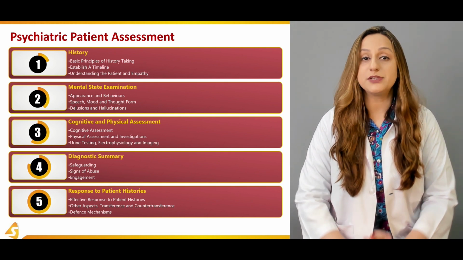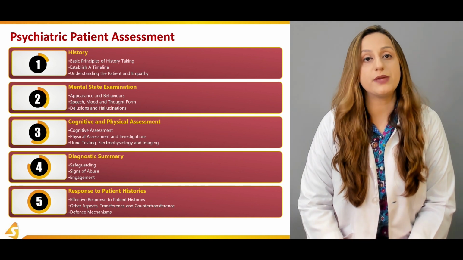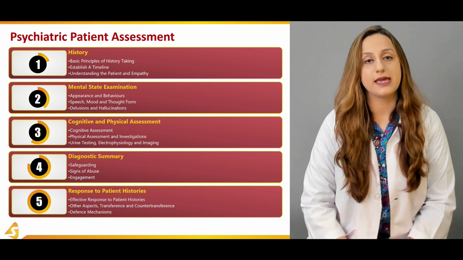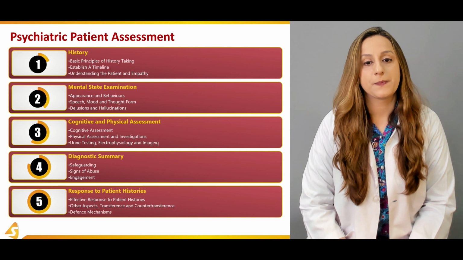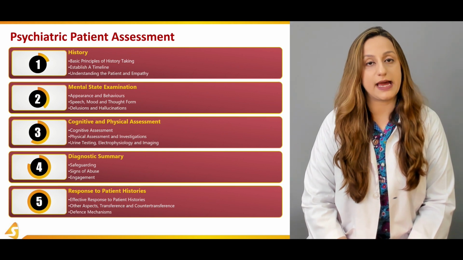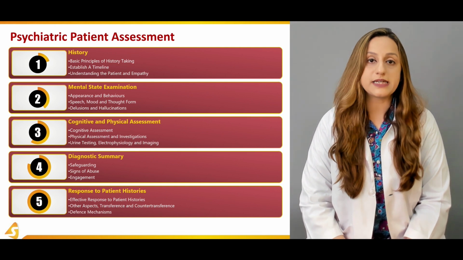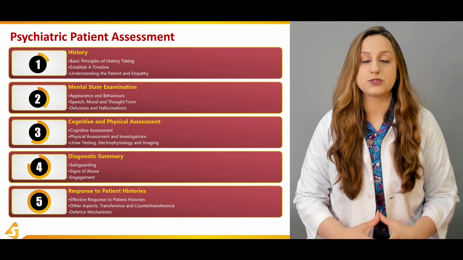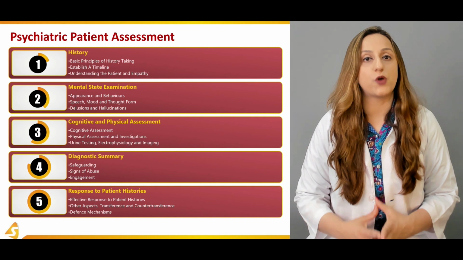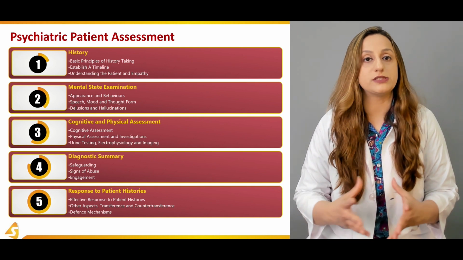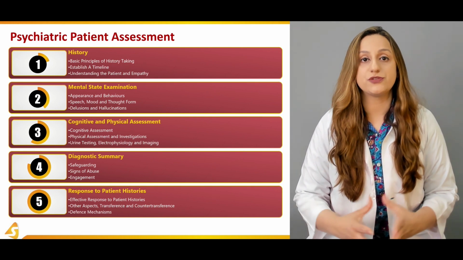And so the establishment of the timeline is sometimes very important whenever you're dealing with a psychiatric patient. Understanding and empathizing with the patient is very important. Sometimes doctors won't empathize with the patient and won't understand in detail the problem that the patient is going through.